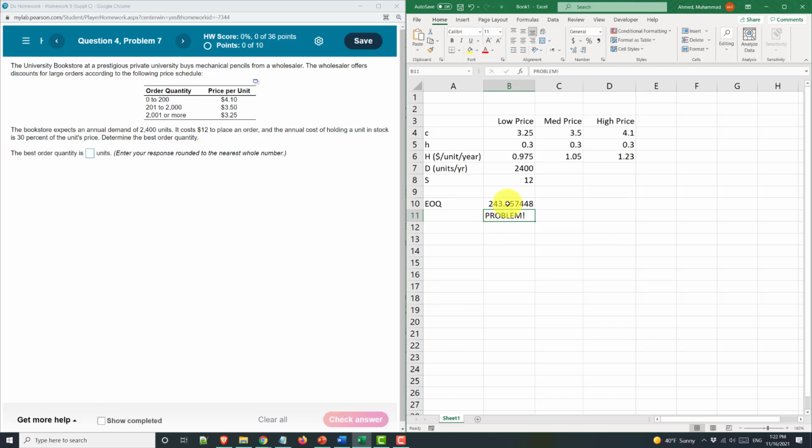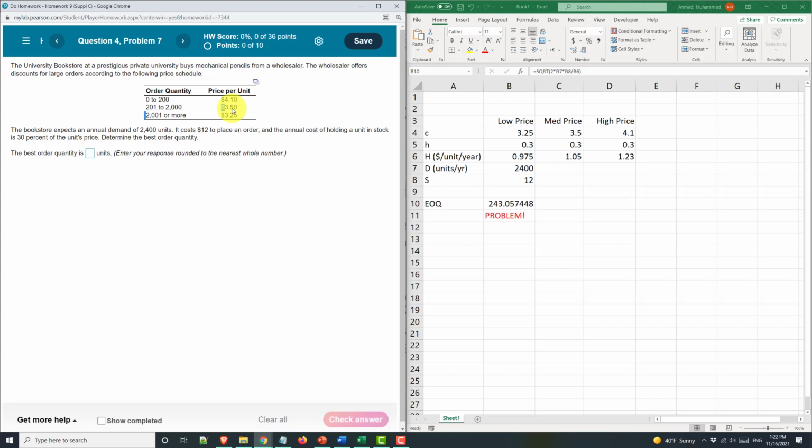okay, with this answer. What is the problem with this answer? If I look at my pricing table given in the question, if I'm ordering 243, or even if I go up to 244 because I have 243 and a fraction, even if I go to 244, where is 244 in this table? It's in the middle row. Because if you order 244 pencils from the wholesaler, he's going to charge you a price of 3.5.